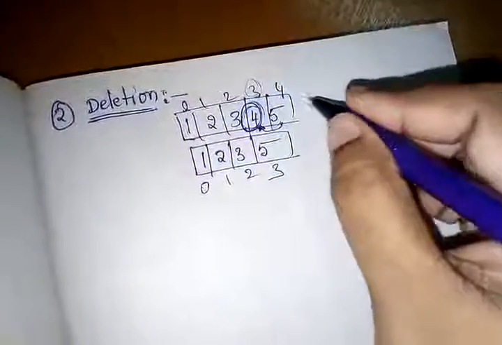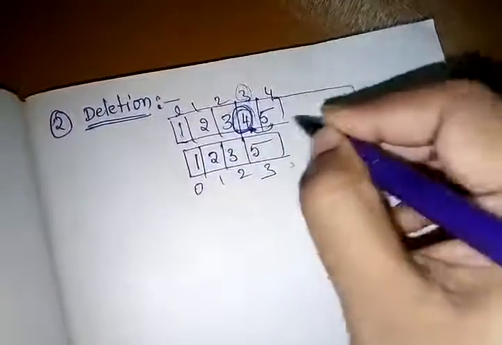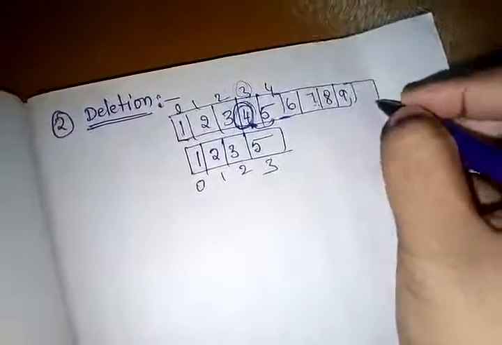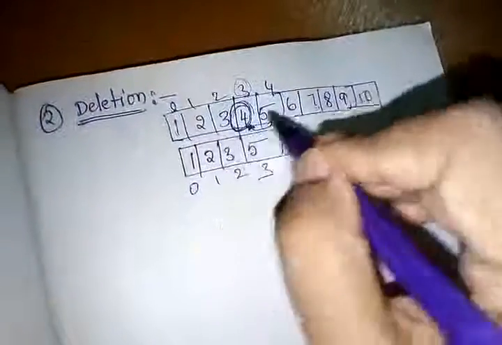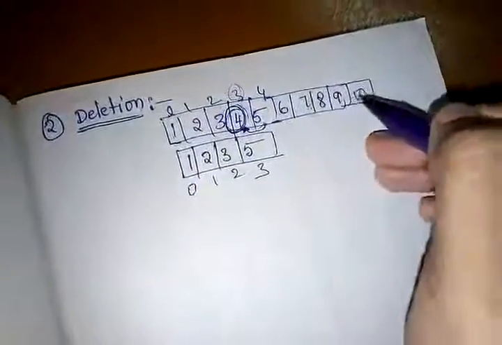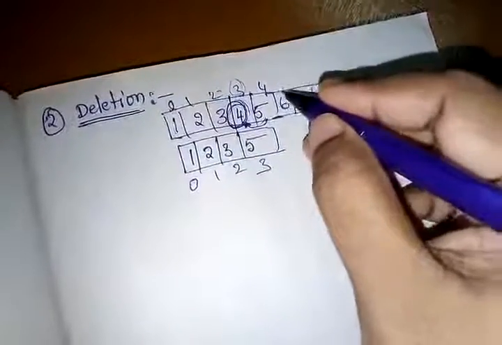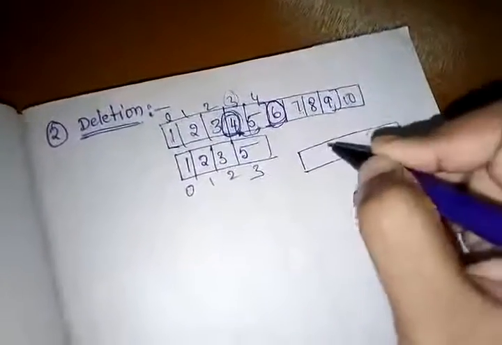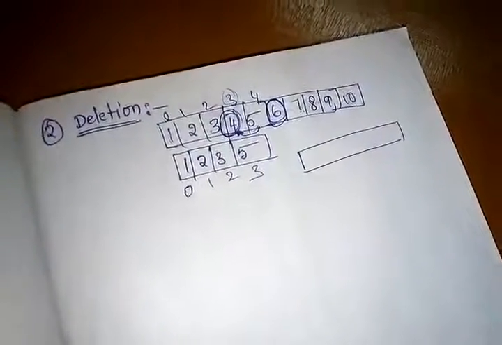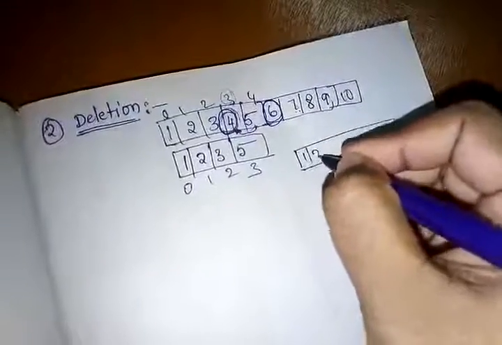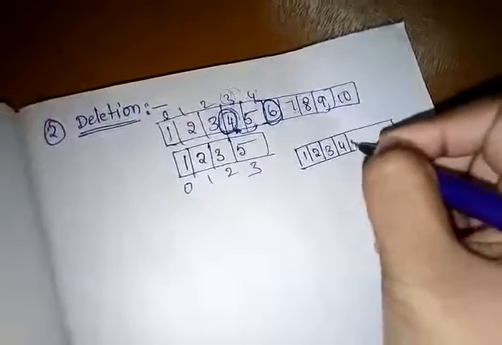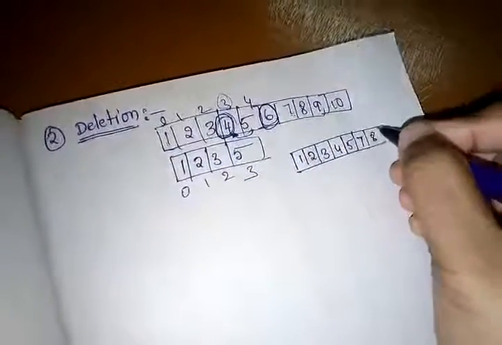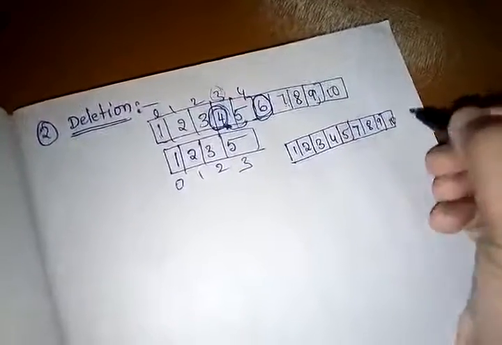Likewise, if you have the elements 1 to 10 and you want to delete the element 6, then your resultant array would become 1 2 3 4 5, and as we delete 6, we will not have 6 here, just 7 8 9 and 10.